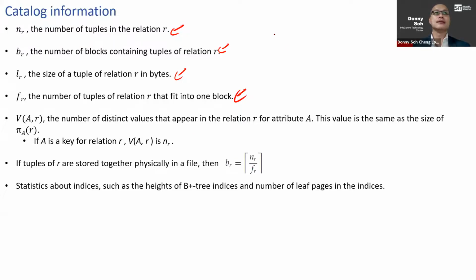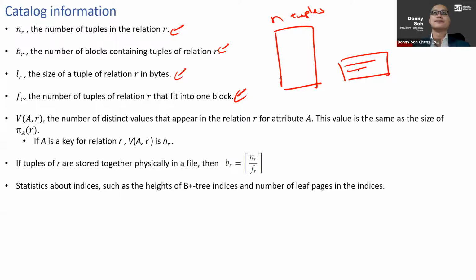Okay, so let's say there are n tuples, and I want to know in one block, the number of tuples here will be fr, and they will have br number of blocks. So n will be approximately equal to fr multiplied by br.